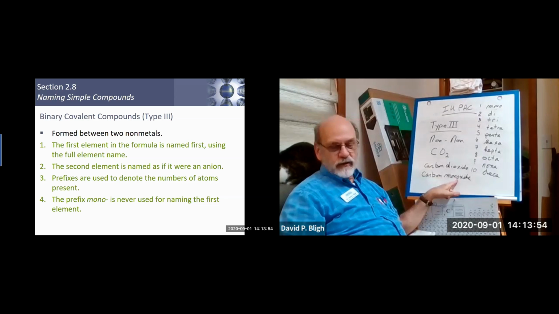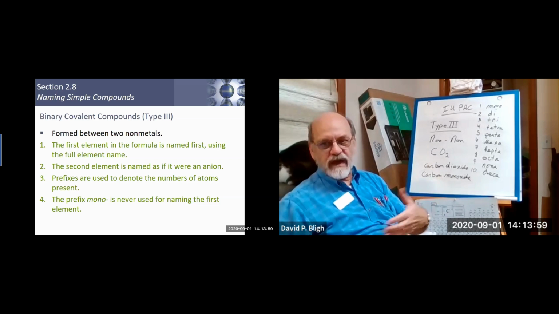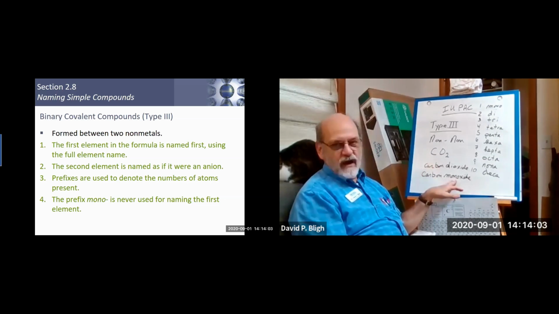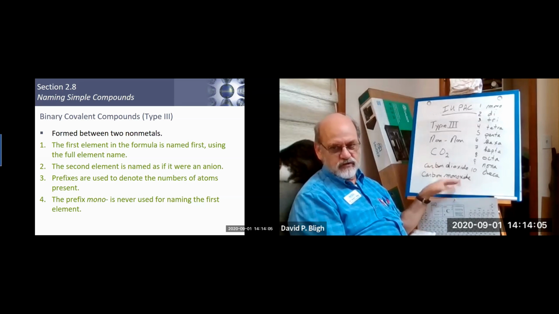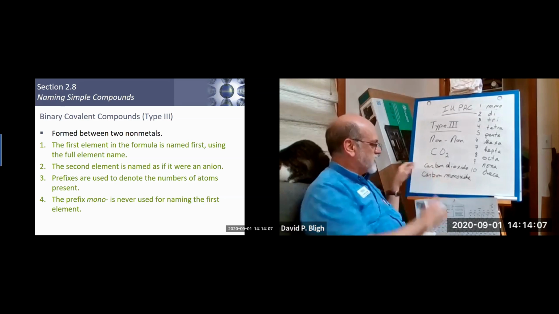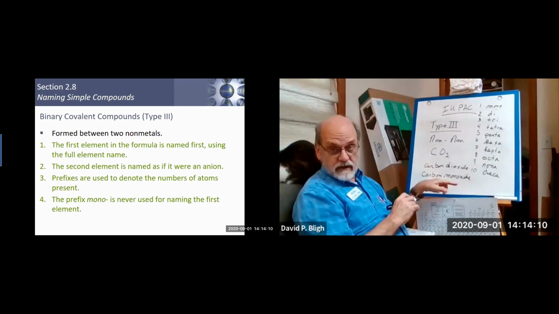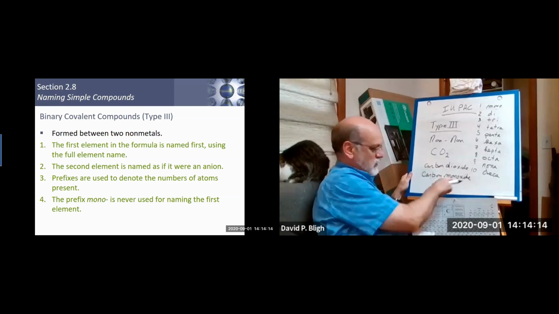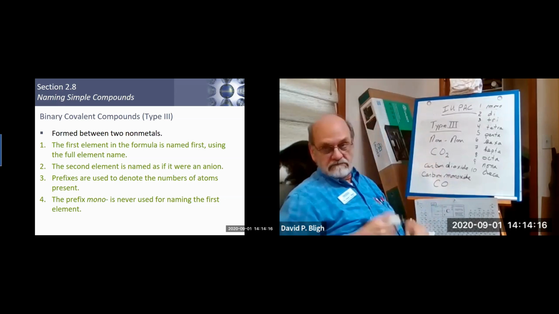And notice, I don't say monooxide. Chemists are still sensitive about aesthetics, you know, things that sound right. So we don't say monooxide, we say monoxide. Just drop one of the O's. But this is, and you can write the compound from that name, 1 carbon, 1 oxygen. That's it.